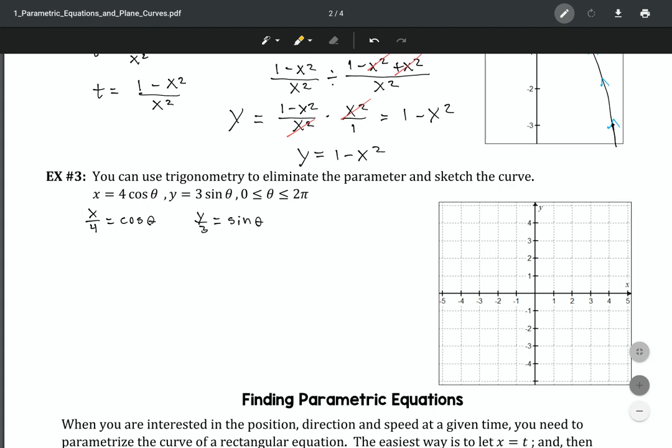Now, we both know, hopefully, this is kind of a side note, so I don't just write it without you knowing where I got it from: cosine squared plus sine squared equals 1. So the way I can write this is I can actually square this.